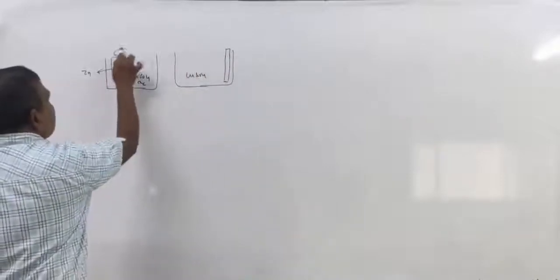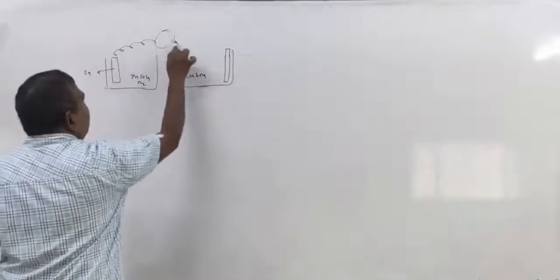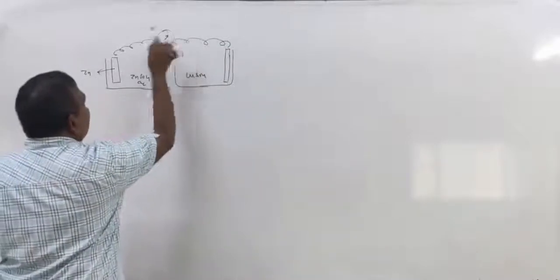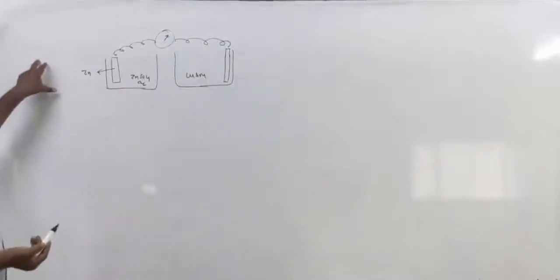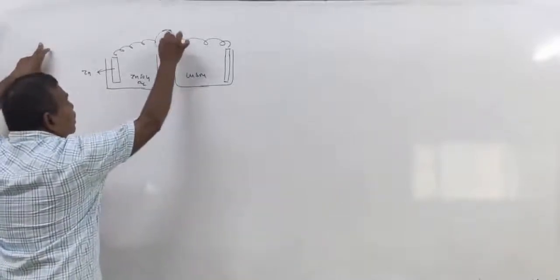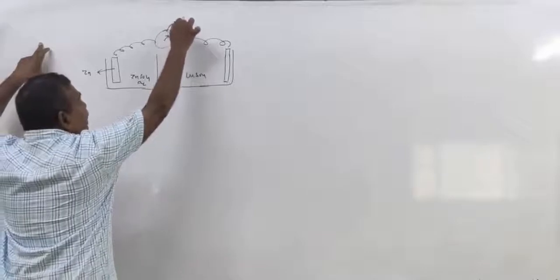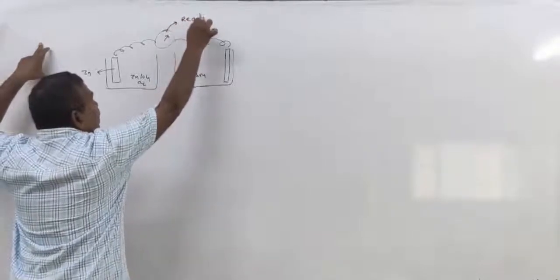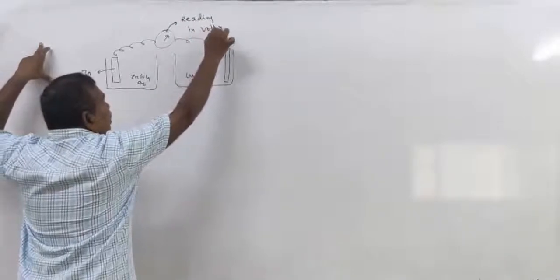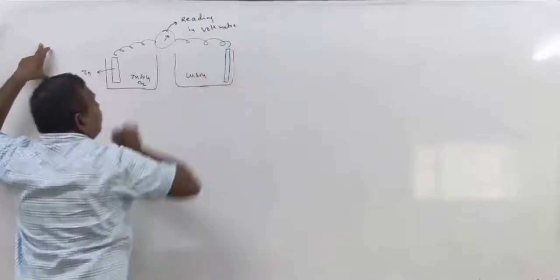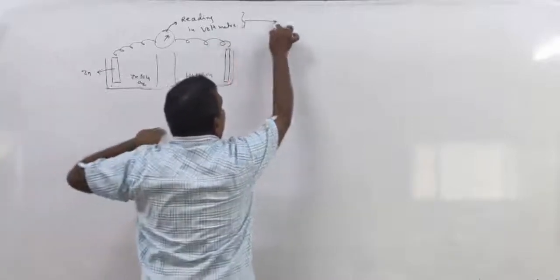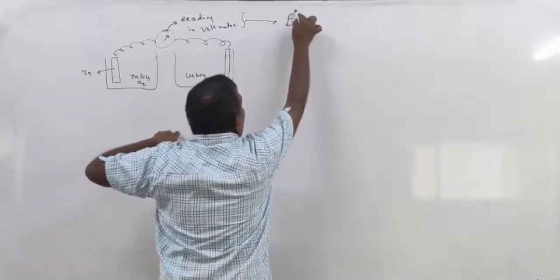Now, if these two are connected via a galvanometer or potentiometer, or you can say voltmeter, the reading in the voltmeter is nothing but E naught cell.